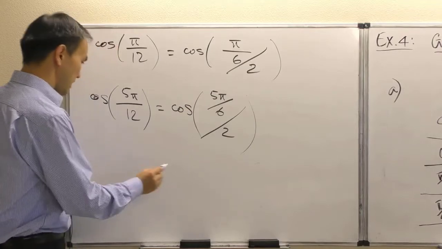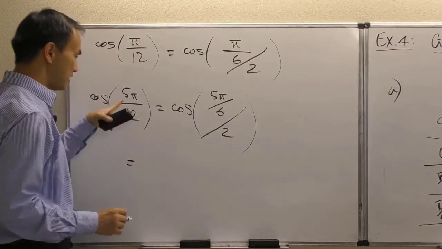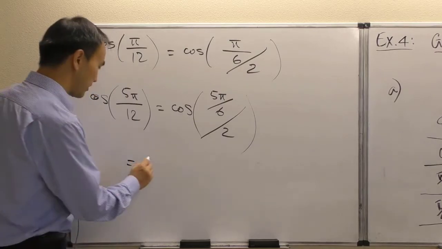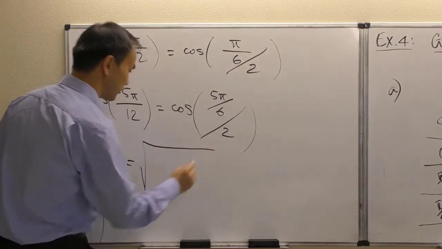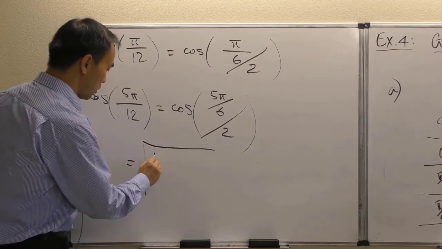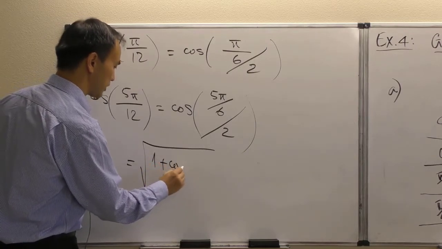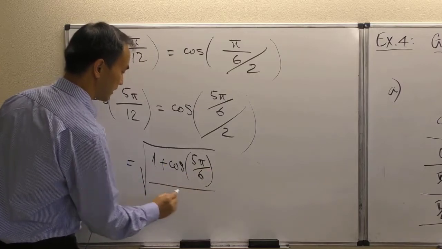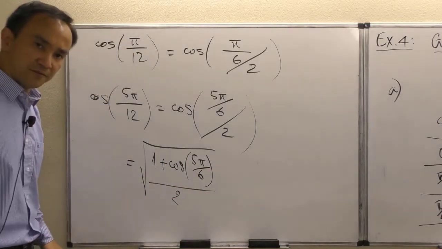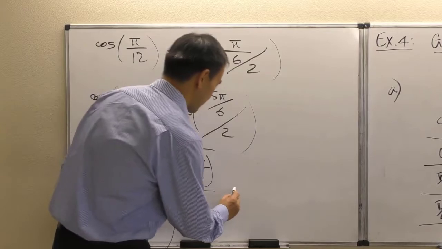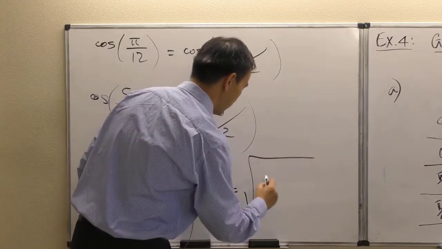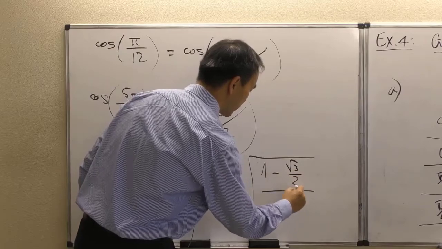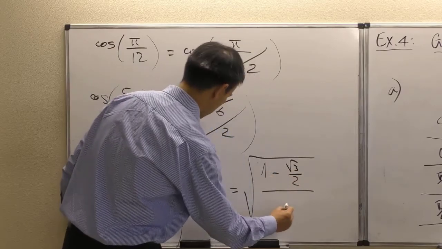So again, 5 pi over 12 itself right here is still in the first quadrant. So I'm going to have to use the positive roots formula. And here I'm going to go 1 plus cosine of 5 pi over 6, and I'm dividing that by 2. Cosine of 5 pi over 6, in this case, is a big square root. Inside of that numerator, I have 1 minus root 3 over 2, and then in the denominator, over 2.